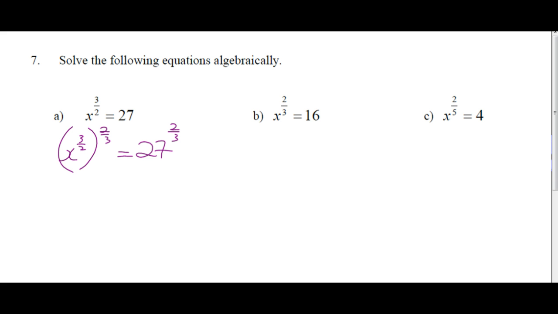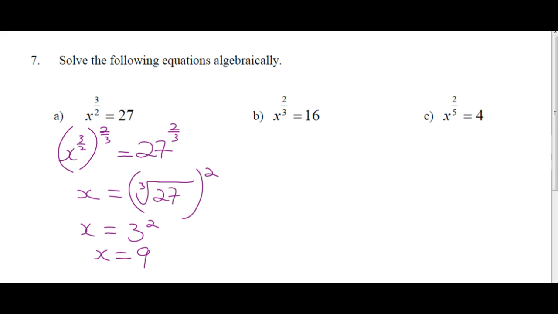So this just becomes x, and this is the cube root of 27 squared, which is 3 squared, which is 9. Okay? So we can solve this, and we don't need a calculator, which you may use, but you don't need one. This one is x to the 2/3, so I raise it to the reciprocal, which is 3/2.